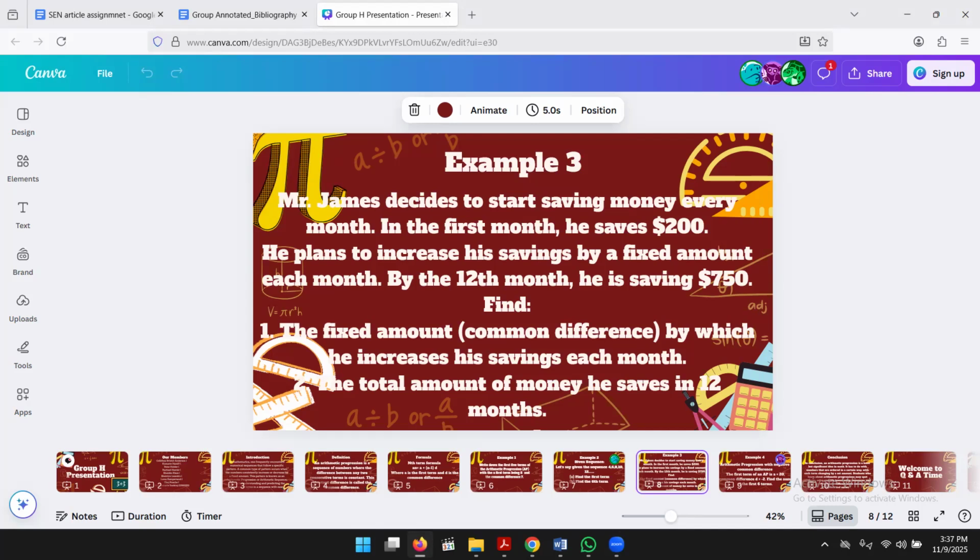By the 12th month, he is saving 750, right? So, one, find the fixed amount or common difference by which he increases his savings each month. And two, find the total amount of money he saves by the 12th month.